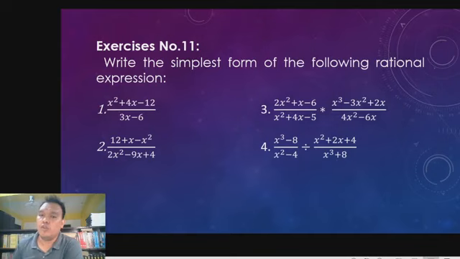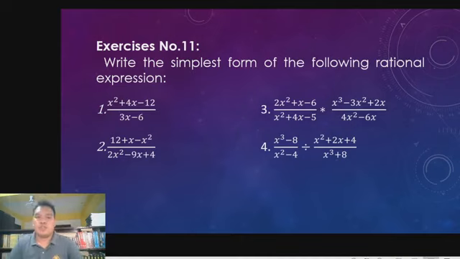Then we have number 4, which is x cubed minus 8 all over x squared minus 4 divided by x squared plus 2x plus 4 all over x cubed plus 8.